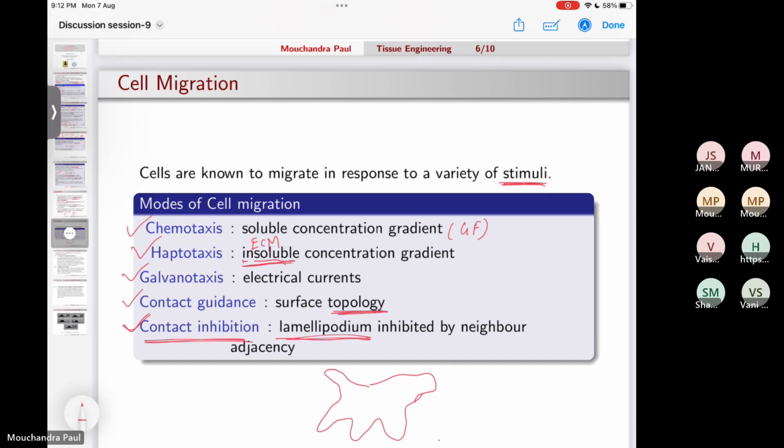They extend and try to spread. That is called cell spreading. So when the lamellopodia of two adjacent cells meet, the cell migration stops. So these 5 types of cell migration are known to us and people have used them to their benefit.